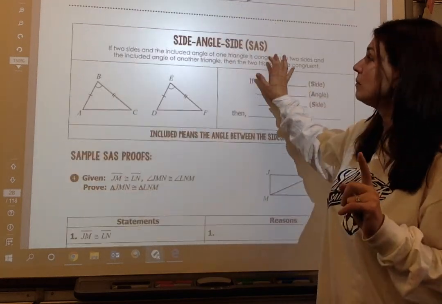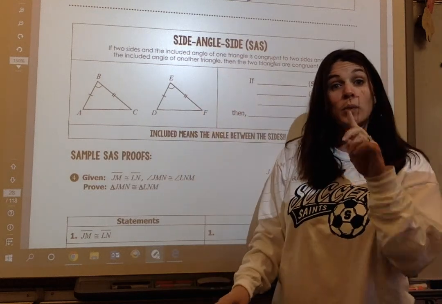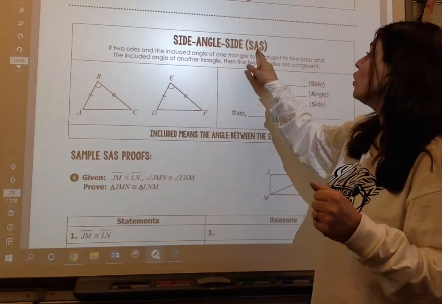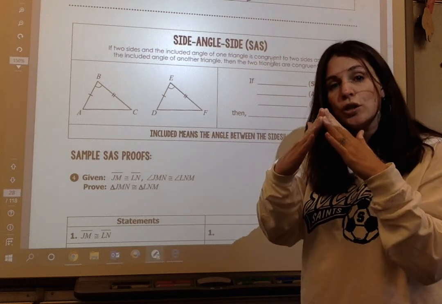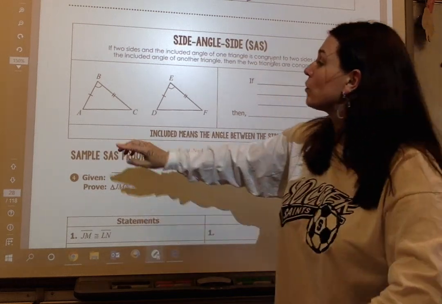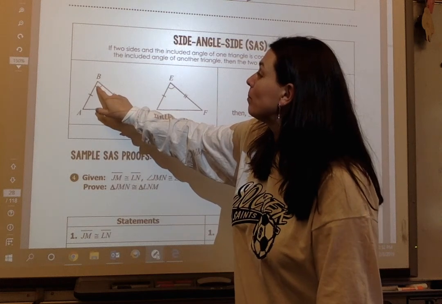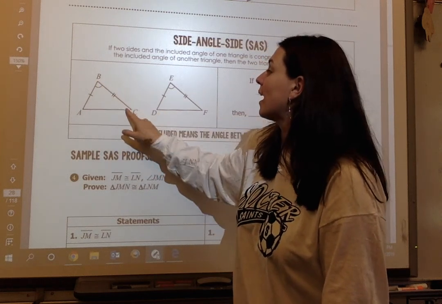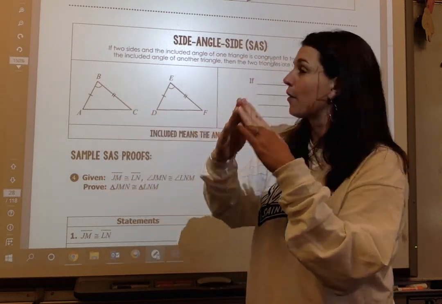Now, let's look at side, angle, side. Remember what I said earlier in the reference sheet. Your angle has to be included between those two sides. It has to. That's the only way it can happen. So here's what I mean. Your angle B is included between side AB and BC. It's where they come together, right?